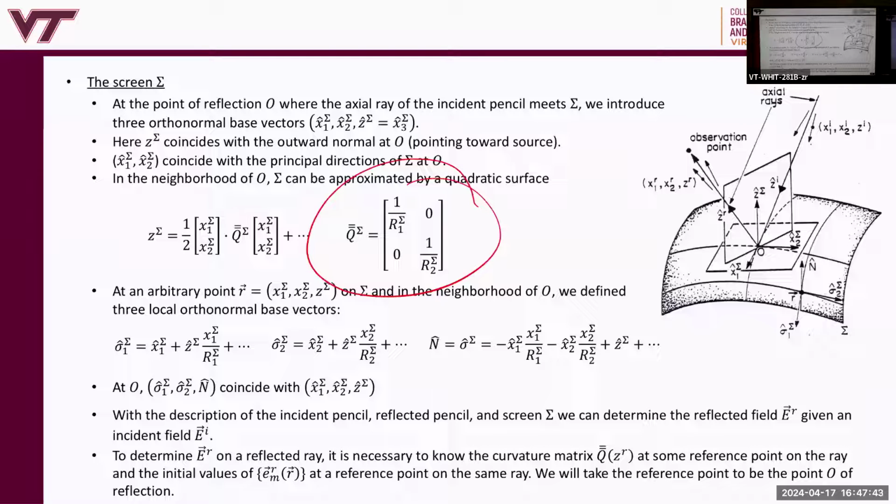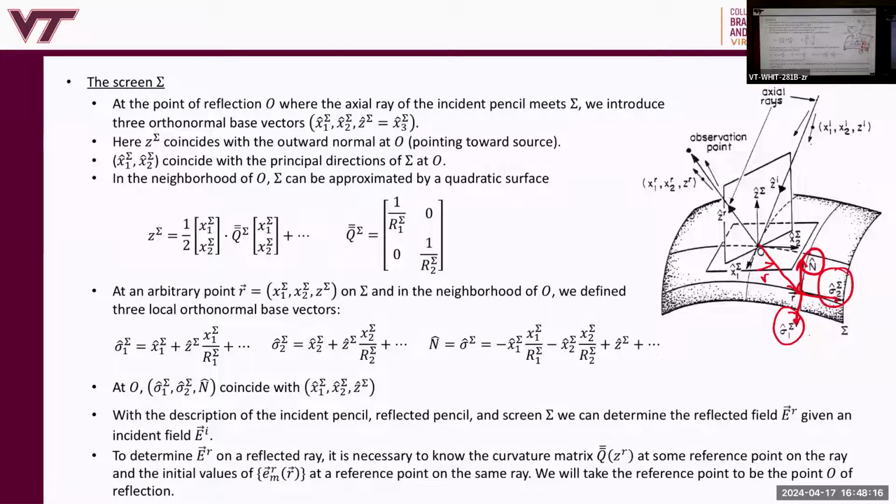All right. At an arbitrary point R in this coordinate system now, so here's say R with respect to this origin, on sigma and in the neighborhood of O, we define three local orthonormal basis vectors. So here's the same thing as before. Here's a point R. And we have another local coordinate system here, which has n as the normal, sigma 1 epsilon, and sigma 2 epsilon.